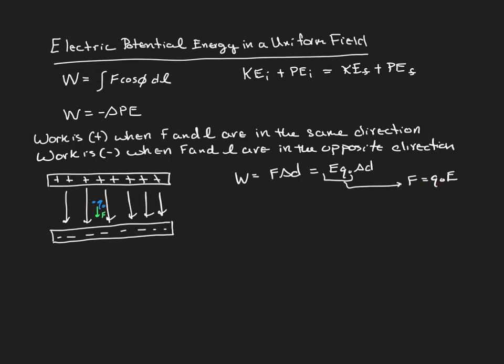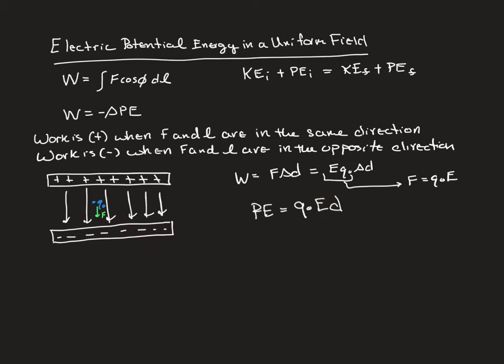So this means that work is the electric field strength times the test charge times the change in displacement. So potential energy would be Q, so the test charge, times the electric field strength times d. So d would be that distance from where we define 0 to be.